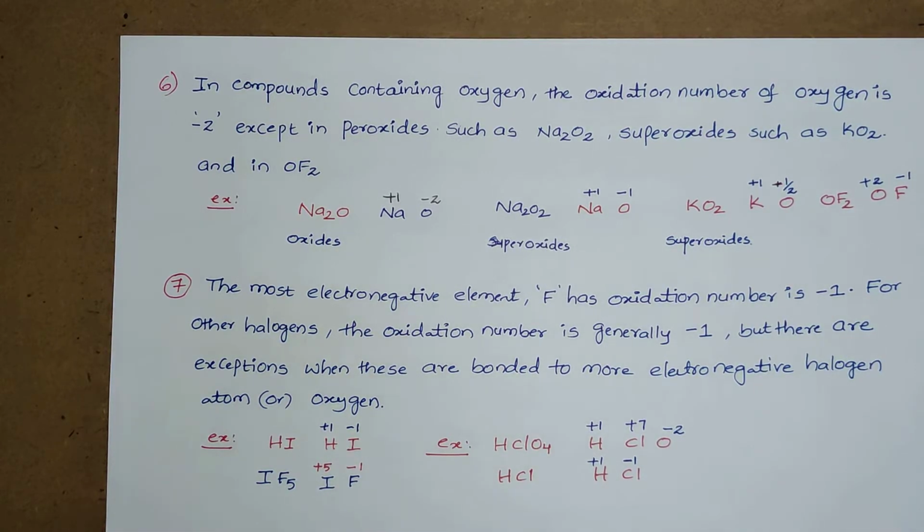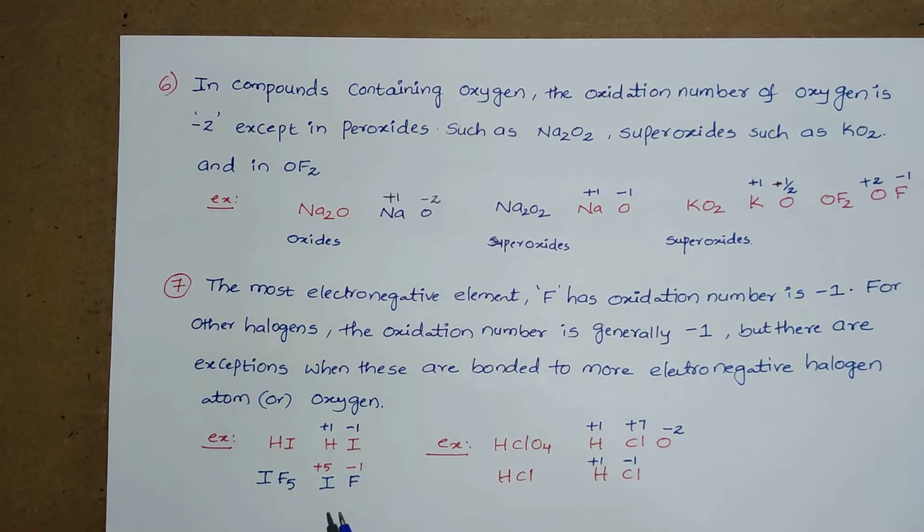Next, coming to point 7. Halogens. All the halogens show the -1 oxidation state. Fluorine, chlorine, bromine and iodine are halogens. All of these show -1 oxidation state, that is a negative oxidation state.